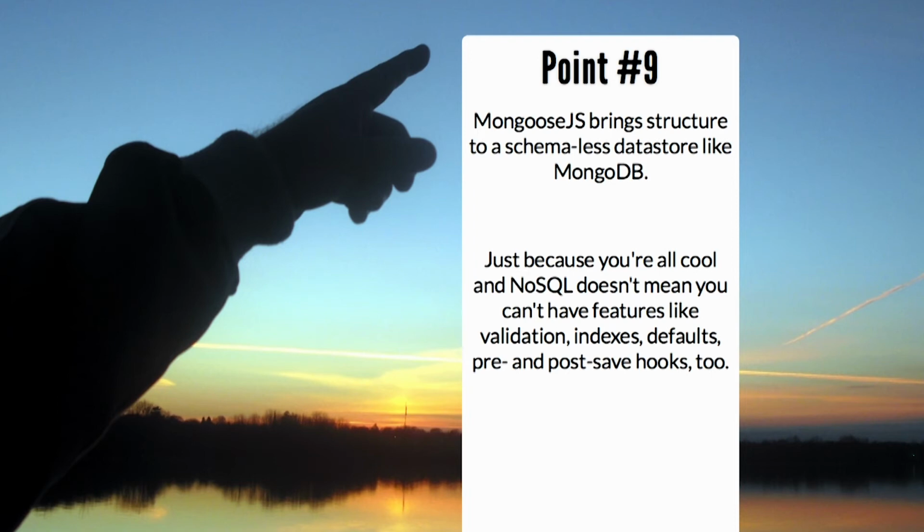We have the ability to declare defaults and validation and define entire subdocuments, an array of subdocs, and when you're in a one-to-many situation, we have methods like populate that allow us to bring these joins back that you thought you were going to miss by choosing a document database like MongoDB.